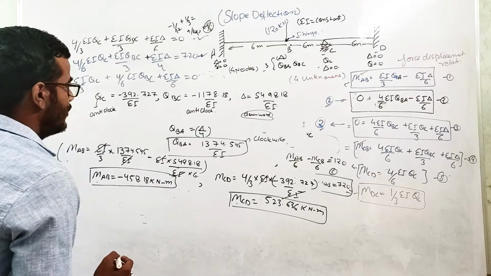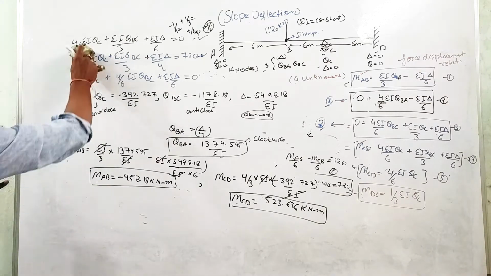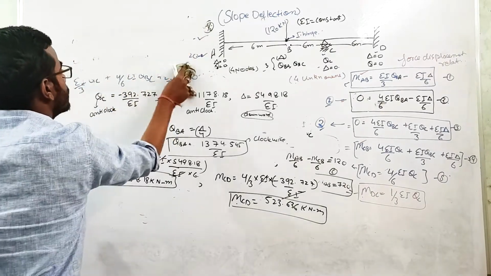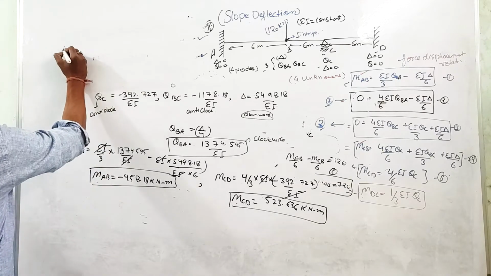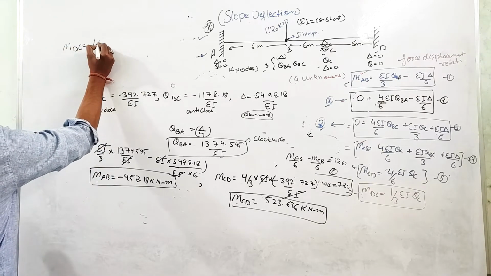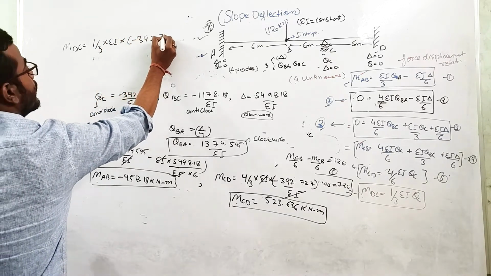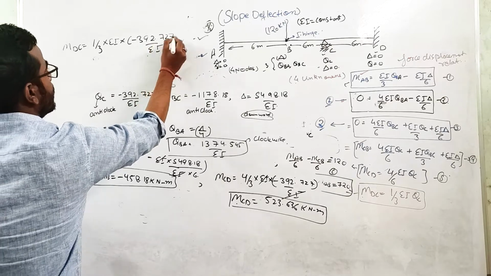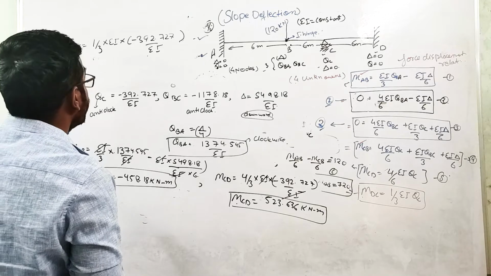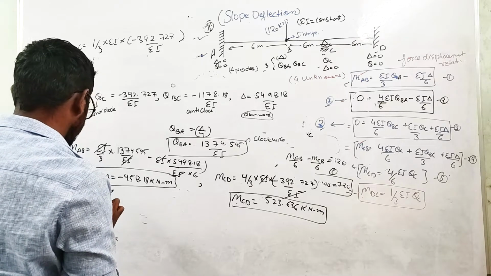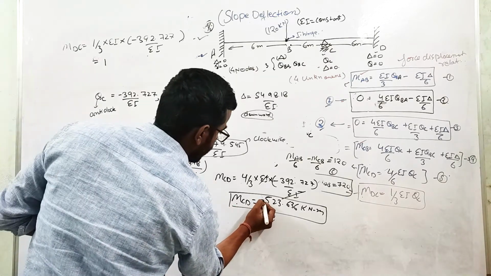Now what will be the value of MDC? MDC will be 1 by 3 into EI into theta C. Theta C value is minus 392.727 over EI. So the value comes out to be 392.727 divided by 3. This value is negative.